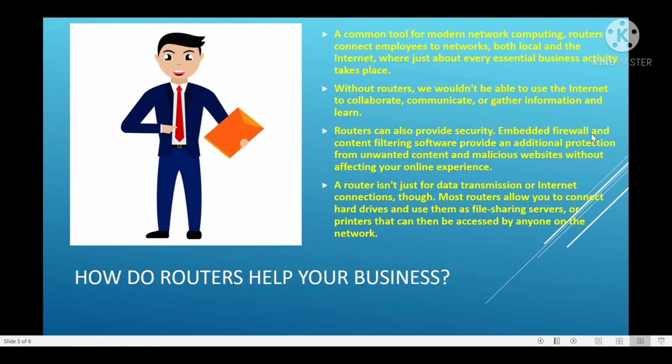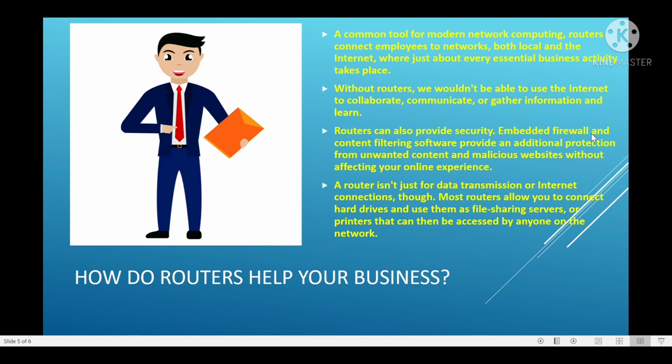Routers also provide security. As it is a software related mechanism, routers can have firewalls embedded into the router software, and we can put a basic level of filtering of the data packets based on the source IP or destination IP addresses. Also we can put an additional filter on the content of the packets.